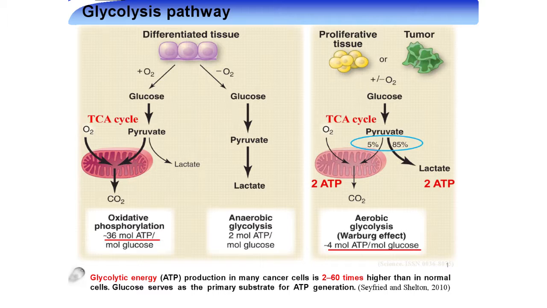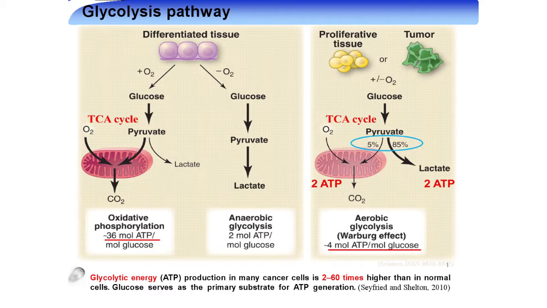Most of the cancer cells are differentiated or mutated already. If we focus on the pathway for energy generation, cancer cell uses glucose as the major fuel.